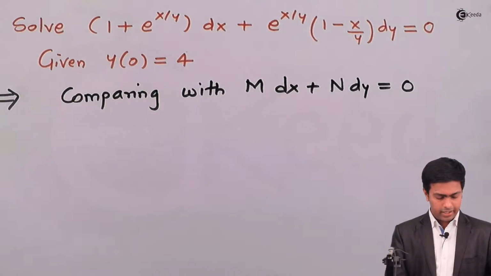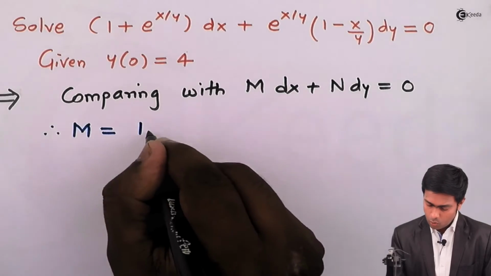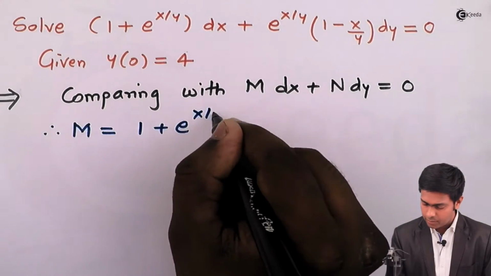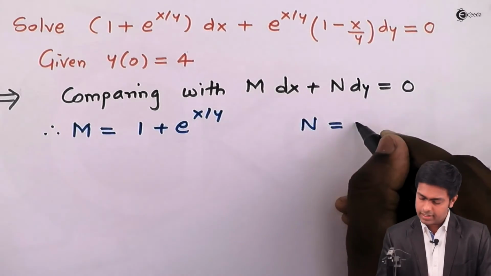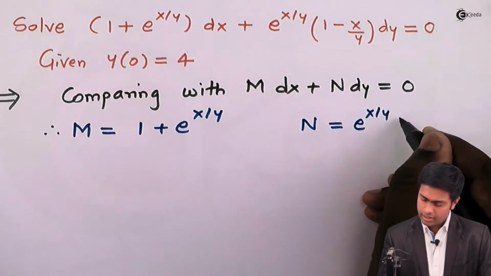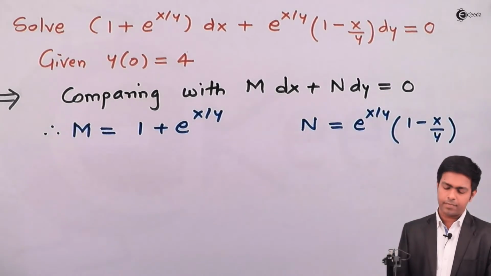Therefore, M equal to 1 plus e raised to x upon y, and the value of N is e raised to x by y into 1 minus x upon y.